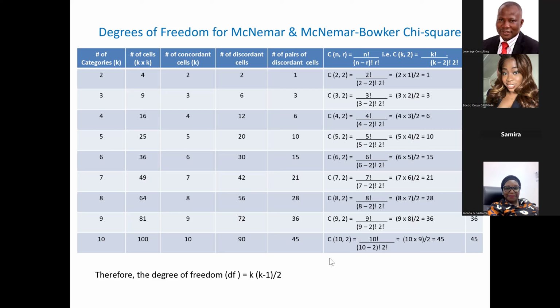Then number of cells: if you cross-tabulate the categories, it gives you 4 cells. You remember when we started chi-square, the simplest one is the 2 by 2 table, when we say male, female, employer, non-employer. So it gives you 4 cells. The same thing when you say hypertensive before, yes or no, hypertensive after, yes or no. When you cross-tabulate, as you saw the other time, it gives you 4 cells.